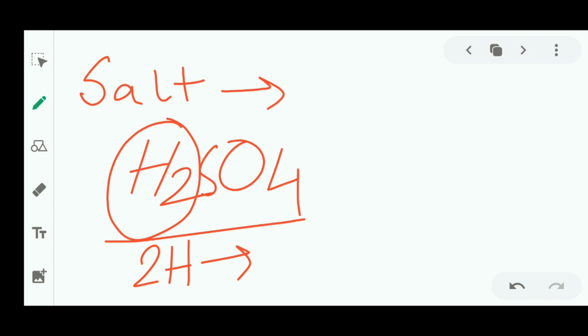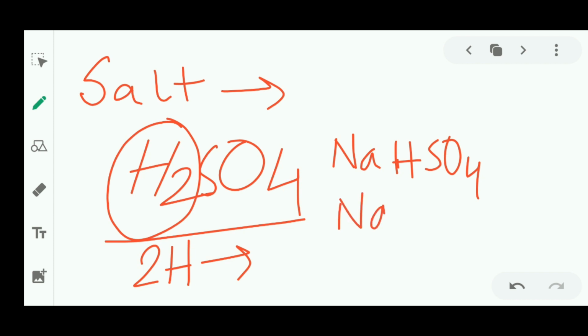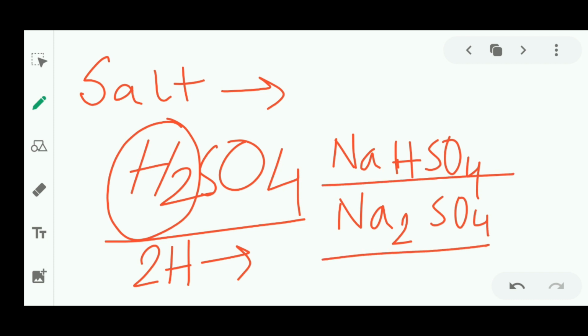For example, when sodium reacts with H2SO4, two kinds of salt are produced: sodium bisulfate, NaHSO4, or Na2SO4. So these are the salts.